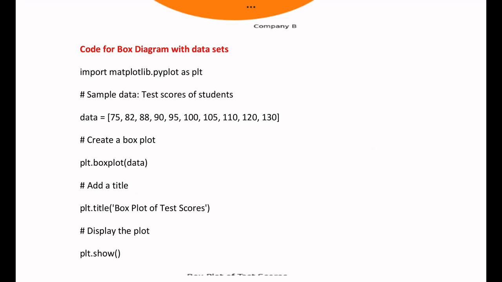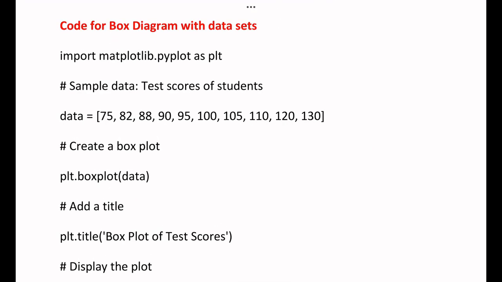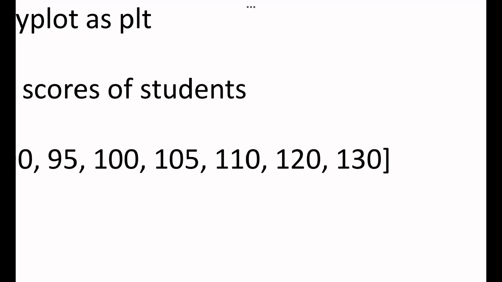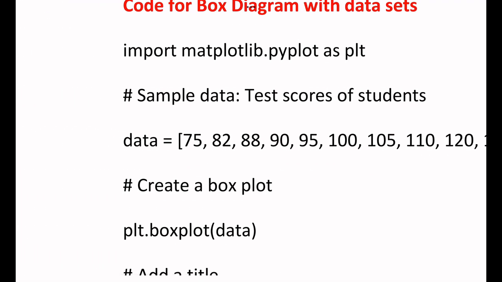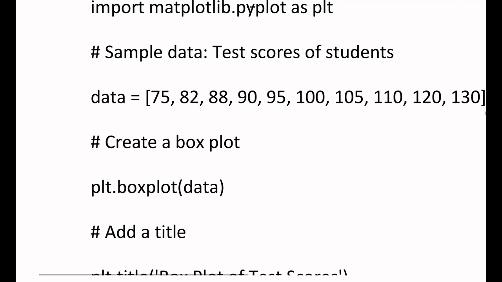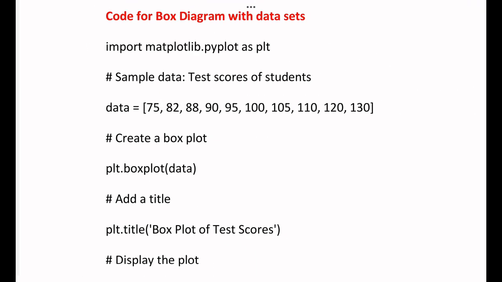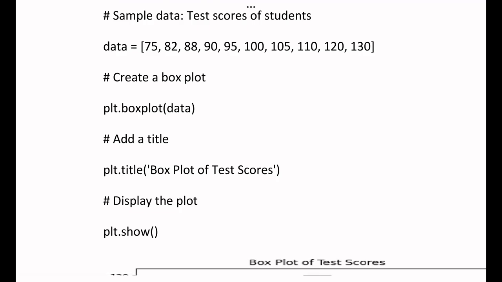Similarly, suppose you want to create the box diagram. For the box diagram, you will import matplotlib.pyplot as plt. In place of plt you can also write your own name, and it will treat it as matplotlib. Now my sample data is equal to something. Now I am creating a box plot. I am taking the data and plt.boxplot.